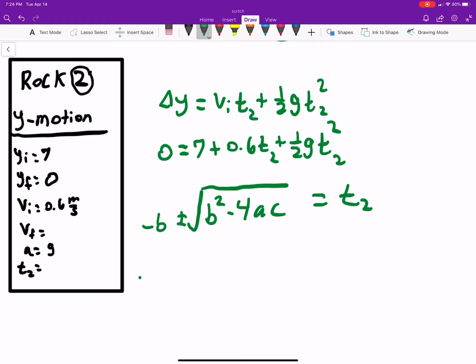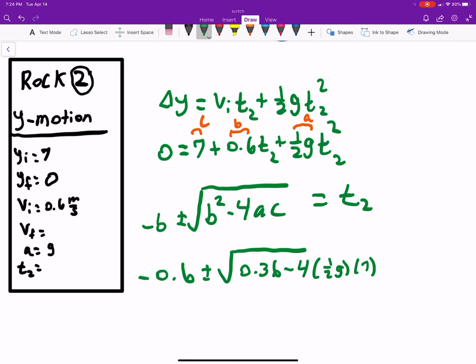So you'll get negative 0.6 plus or minus the square root of, let's see, 0.6 squared is 0.36 minus 4 times a, 1/2 g, times c, which is 7. That's going to be minus 14g.